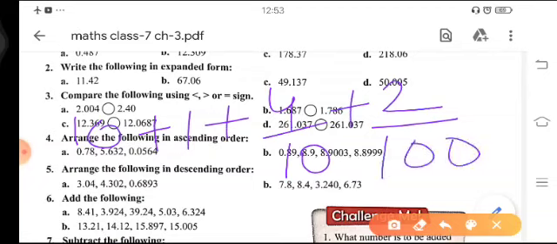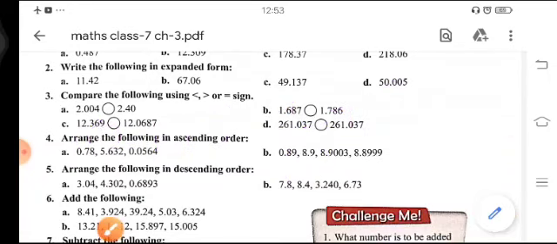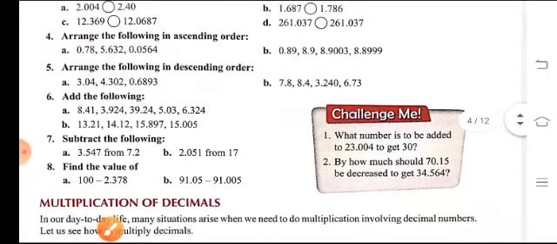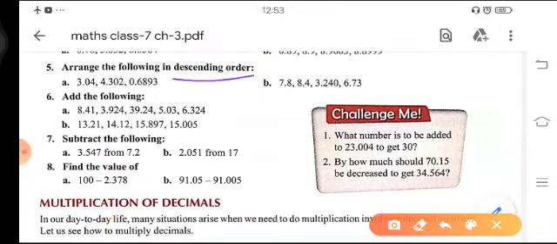Similarly you write the expanded form for the other numbers. The other questions are very simple. For ascending and descending order, I told you how to compare the numbers and write them in ascending and descending form. Ascending means smaller to greater, and descending means greater to smaller. Addition and subtraction you can easily find.